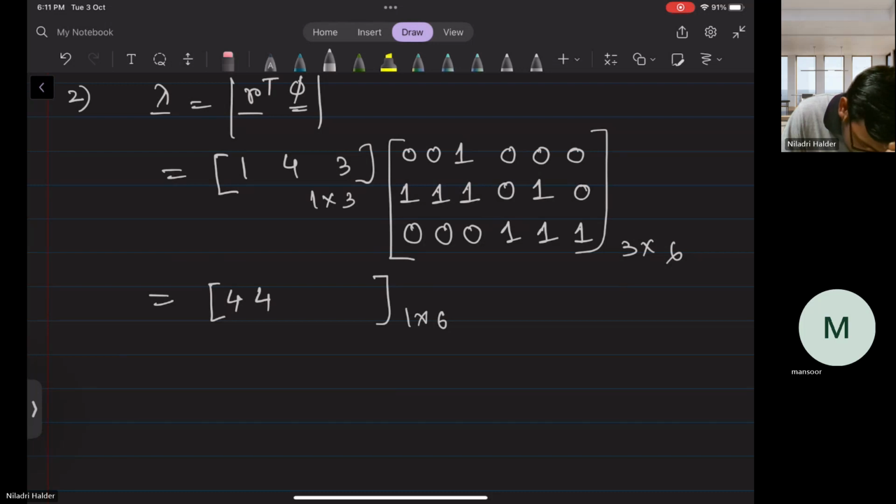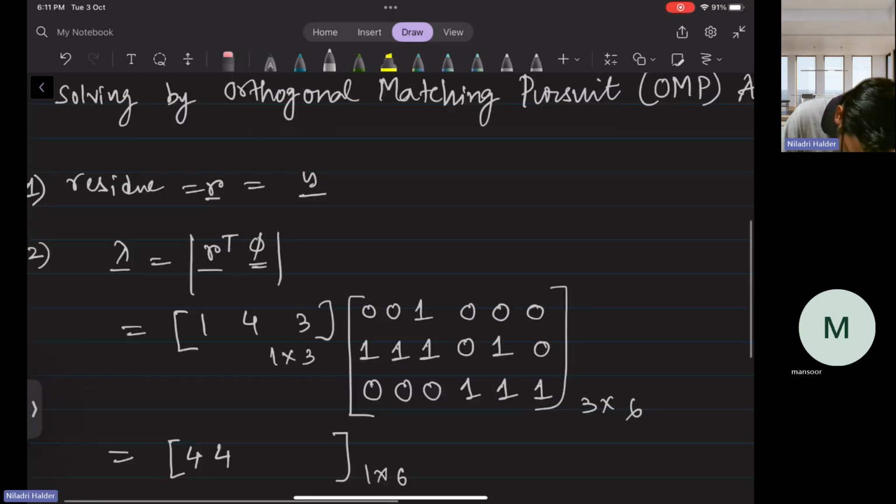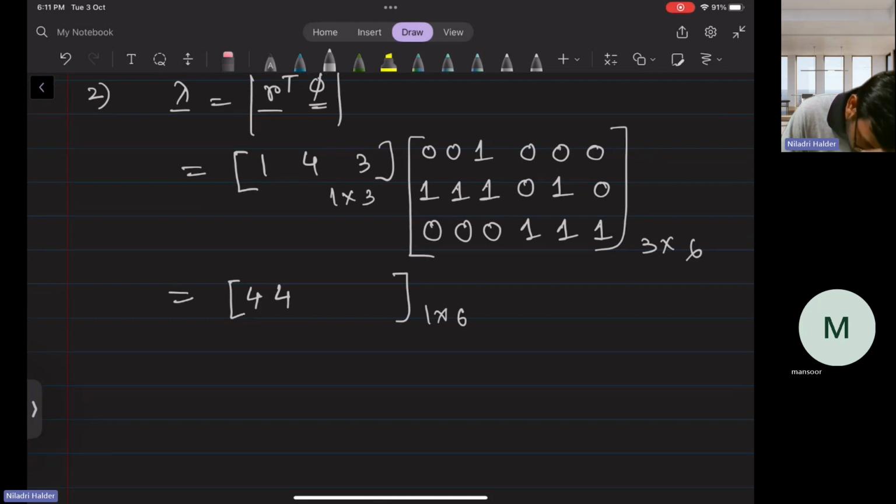Then 1 plus 4 is 5 in the third position, then 3, then 4 plus 3 is 7 in the fifth position, and then 3.